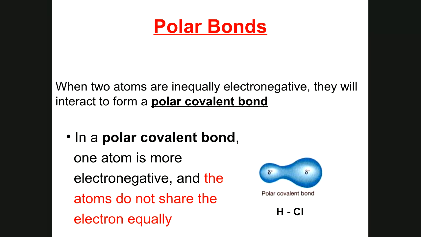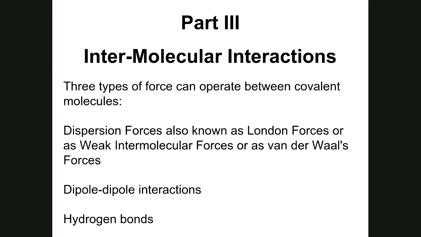Covalent polar bonding. So when the atoms are equally electronegative, they will interact to form nonpolar covalent bonding. When one atom sharing electrons is much more electronegative than the other atom, the covalent bonding is likely to be polar. We come to the next part of this chapter, which is how a molecule will interact with another molecule.